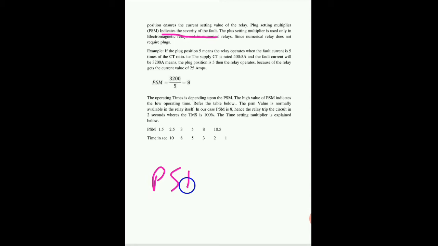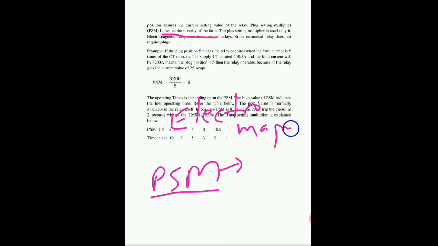Plug setting multiplier is used only in electromagnetic relays. This is the key point: PSM is used only in electromagnetic relays.